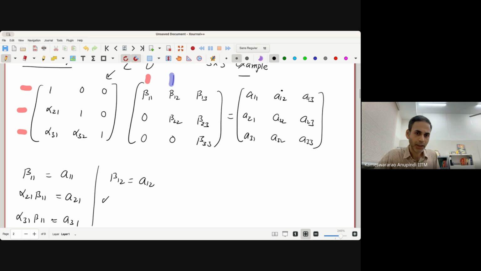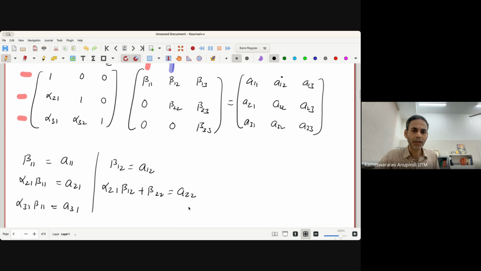The second row gives alpha 2,1 beta 1,2 plus beta 2,2 equals A 2,2. The third row gives alpha 3,1 beta 1,2 plus alpha 3,2 beta 2,2 equals A 3,2.